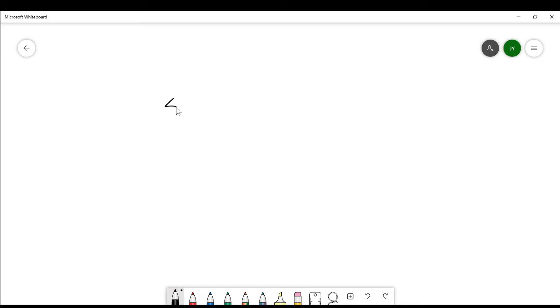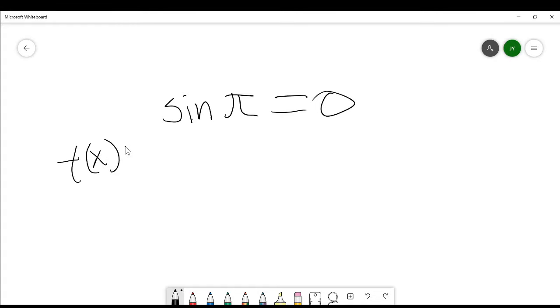Right. Let's take sine of pi, for example. Sine of pi equals 0, right? Sine is just a function. It's no different from calling it f of x equals x or 2x or something like that.